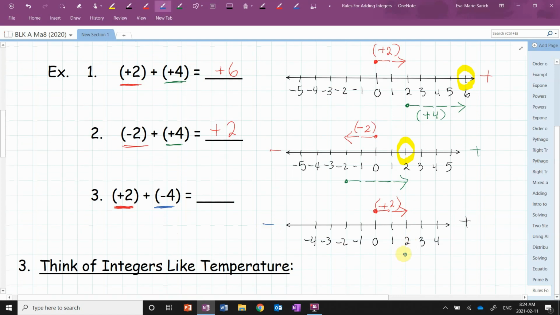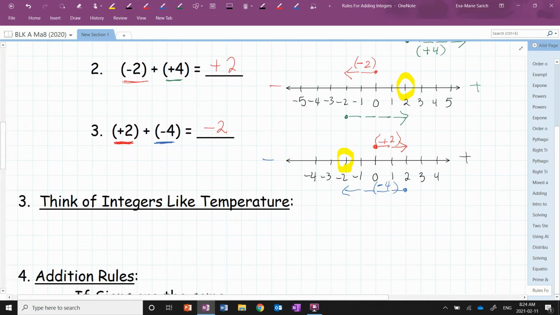So that's to the left 4 spaces. So 1, 2, 3, 4. So that arrow represents negative 4. And where we end up is our final answer. So our answer here is in fact negative 2. Okay? So that's how it works if we're using a number line.